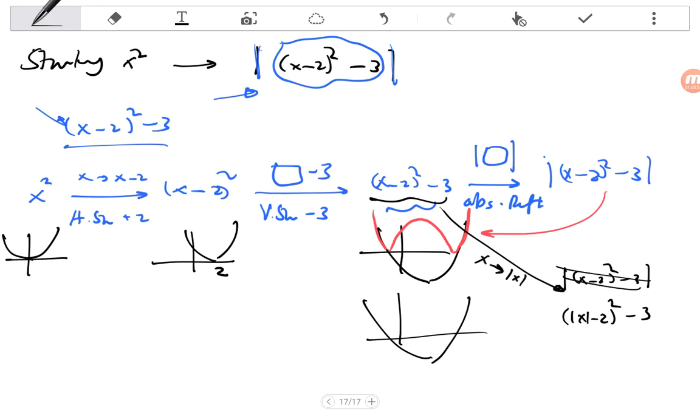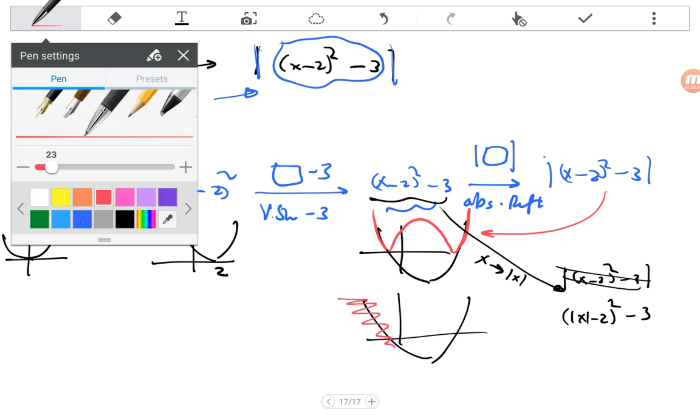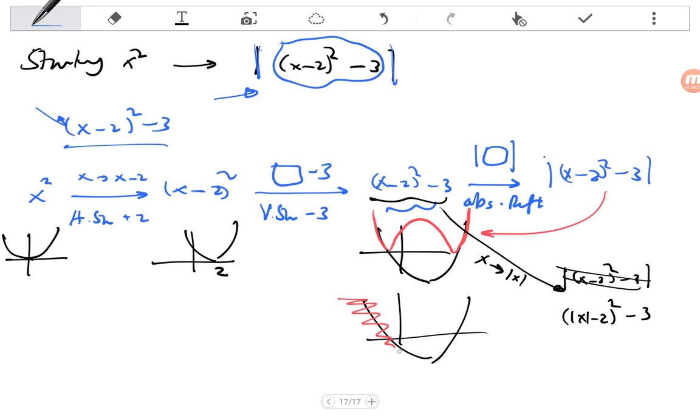Yes, replace every x with absolute x. That means to remove the negative part of the function, then make a reflection about the y-axis. So that will be like this. So that function is graphed like this.